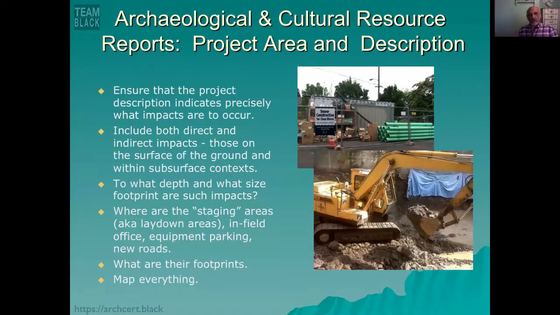What depth, what size footprint? What about the staging areas, the laydown areas, the in-field office, the equipment parking, new roads? And what are those footprints, as they're called? What are the physical limitations? And of course, they want to see maps of everything, both the vertical or horizontal area of potential effects as well as those that are subsurface.